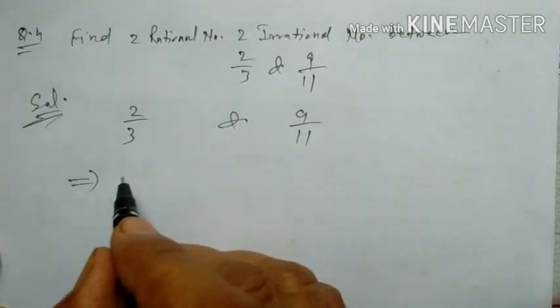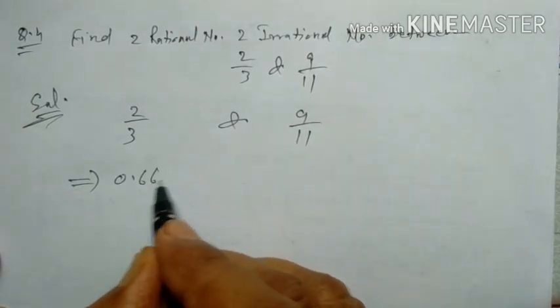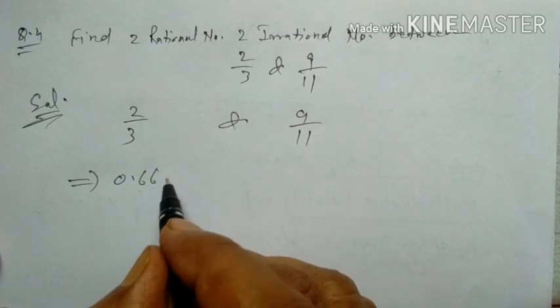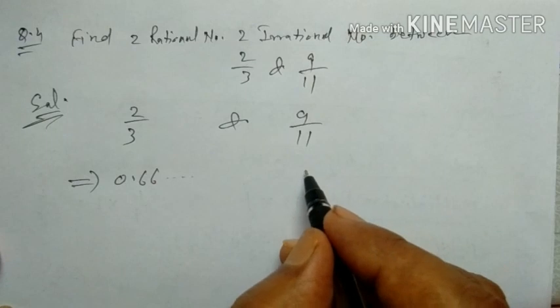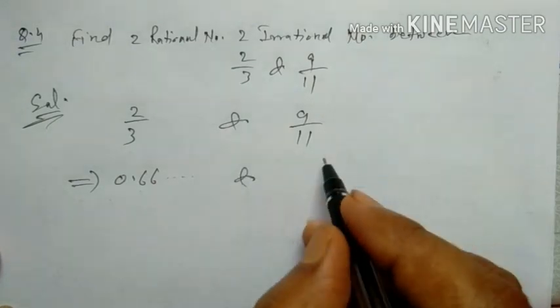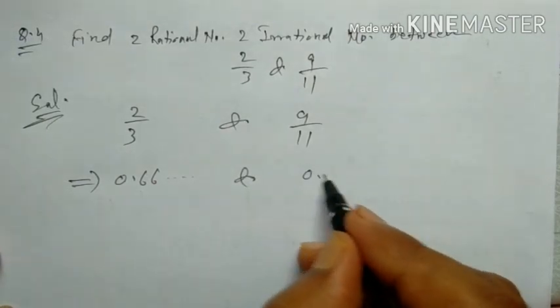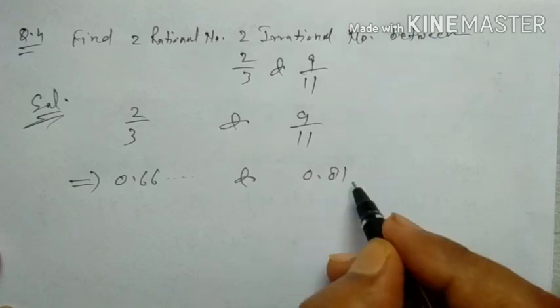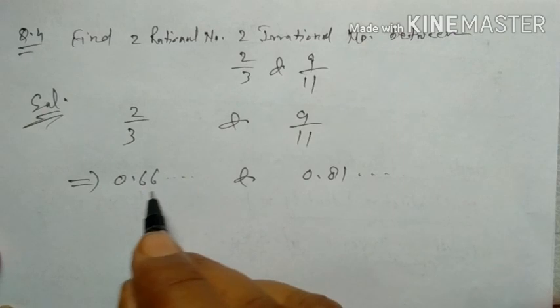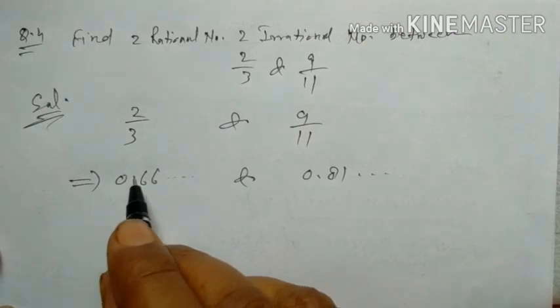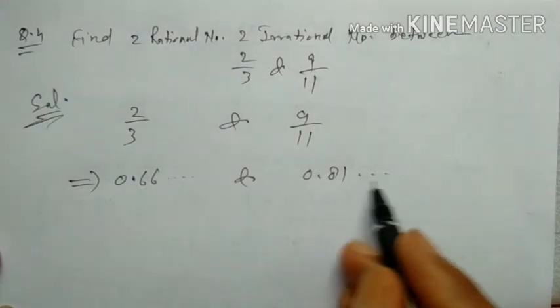After division, 2/3 becomes 0.66 and so on, and 9/11 becomes 0.81 and so on. We will take 2 digits after the decimal here and 2 digits here.